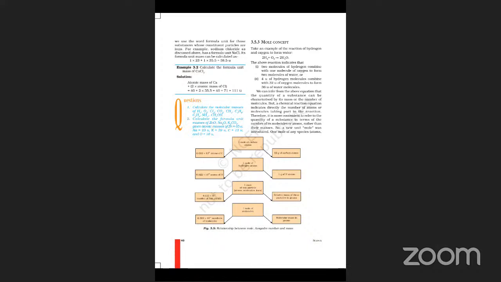Sania, what is the unit of molecular mass and formula mass?